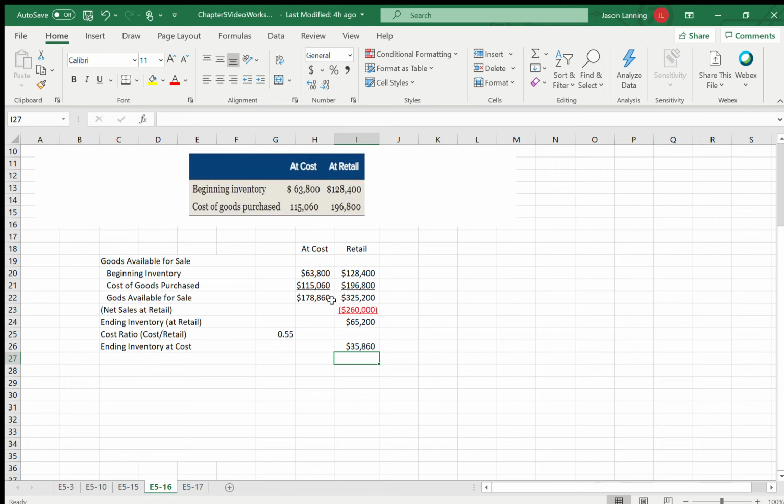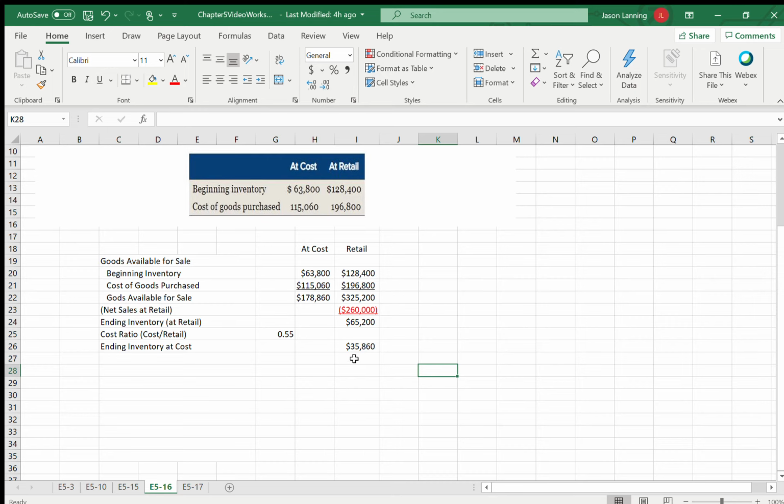Because what we did was we took the ratio of cost to retail and applied it to what we had at ending inventory. So basically we just calculated a ratio for the goods we had at cost and retail available for sale and applied that ratio to ending inventory. Okay, and this will tell us our ending inventory at cost. We had it at retail, there it is at cost.